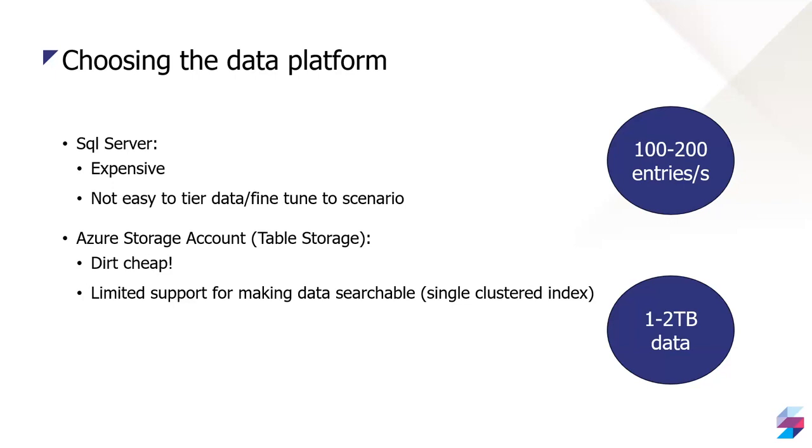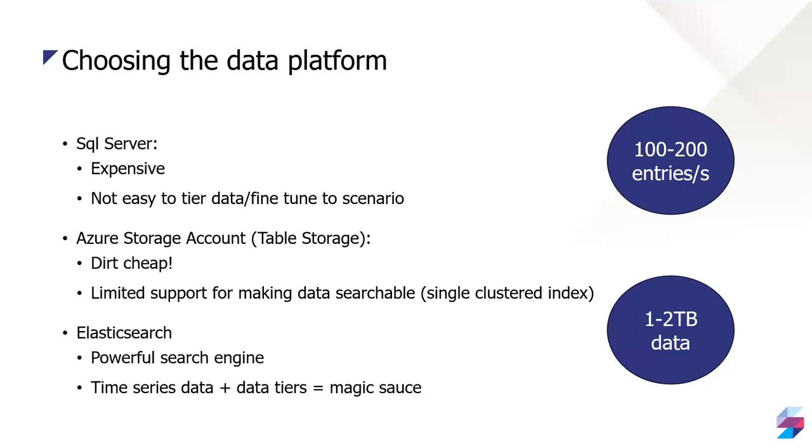We also looked at some other technology options, but not that many. We ended up with Elasticsearch because we had prior knowledge that it has a very powerful search engine, which is basically what the last part of the name is.